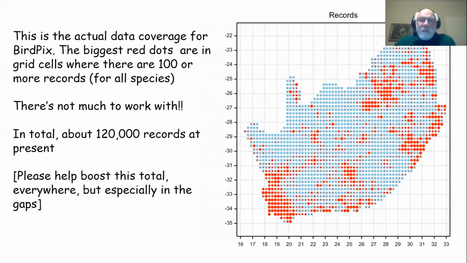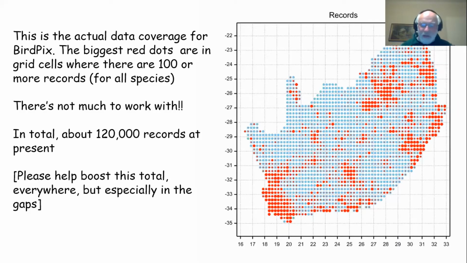So, moving along, here is the bird picks data, the actual coverage. The biggest dots are where there's 100 or more species, and there are littler dots where there's fewer than 100 species. So, once again, it's not an awful lot of data to work with.